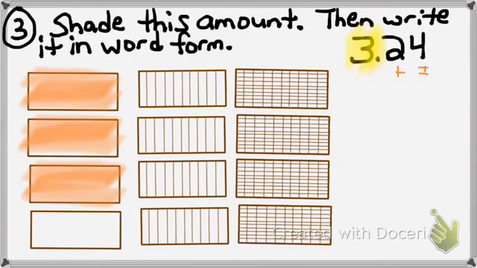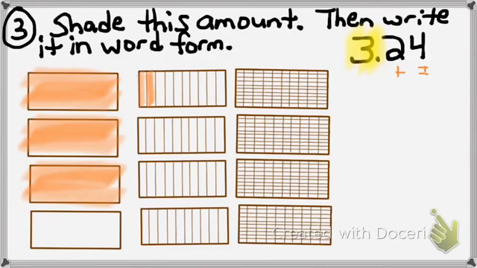I move to my next column, which is my tenths column. Remember, a tenth is a whole Hershey bar divided into 10 sections, and each digit counts for the number of sticks in that section. So I have 2 tenths. How am I going to shade that in? I'll shade in 1 tenth, 2 tenths. That's it. I'm not going to touch the other bars. I move to my final column, my 4, which is in the hundredths column.